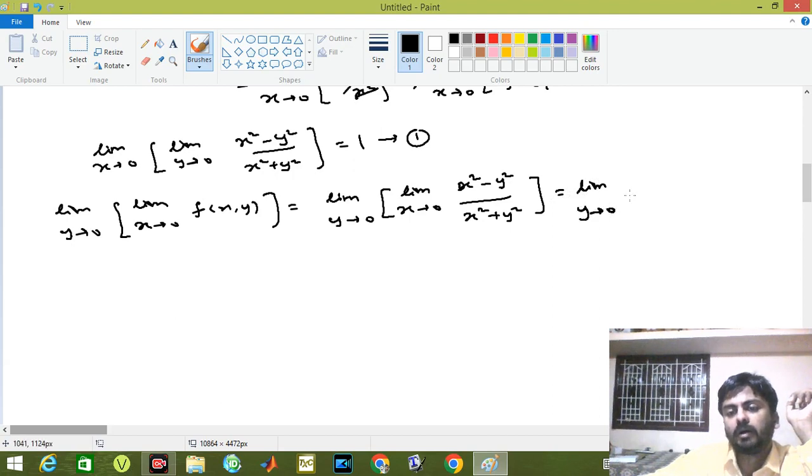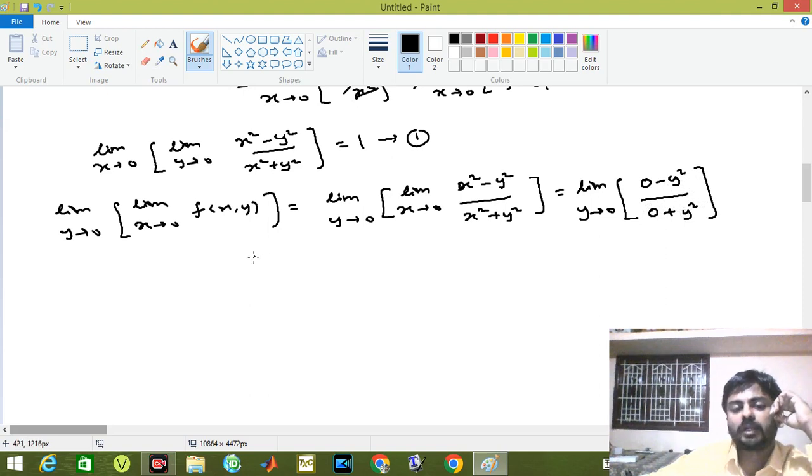That is equal to limit y tends to 0. You substitute 0 for x, so 0 minus y square divided by 0 plus y square. Then what will you get? You will get limit y tends to 0 of minus y square by y square.